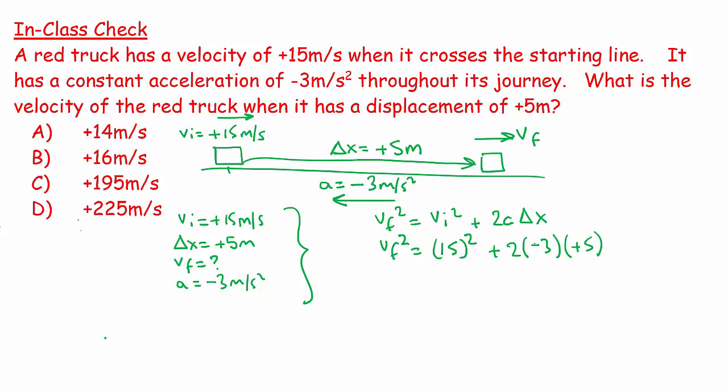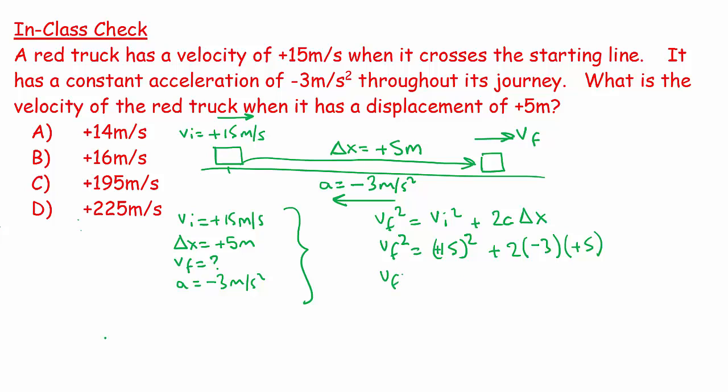Notice how I'm using signs. I just didn't do it there. I'm using signs on the things, positive or negative, because it's part of the value. It's not 15, it's plus 15, because it's going in a positive direction. It's not 3, it's minus 3, because it's pointing in a negative direction.